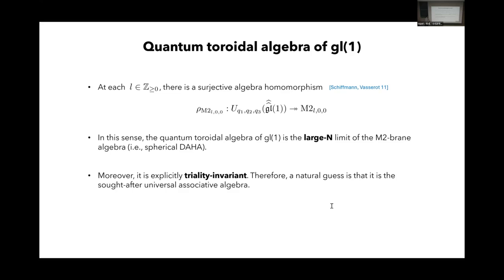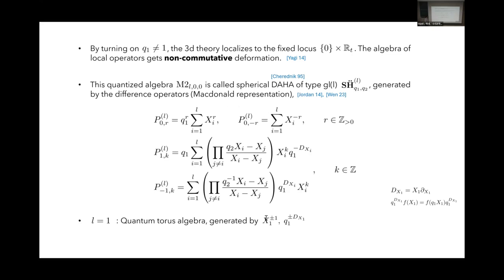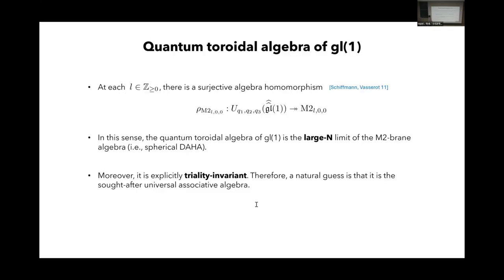Moreover, one important fact is that the quantum toroidal algebra is known to be triality invariant. It's not true for the spherical DAHA itself. As you can see in the previous slide, you may remember that the q_1 and q_2 parameters play different roles. But the quantum toroidal algebra is symmetric under the exchange of q_1, q_2, and q_3, while the projection is not invariant.